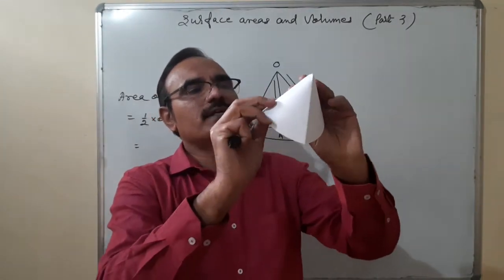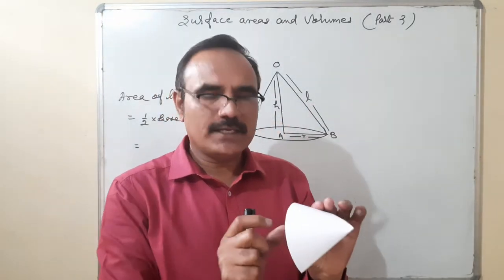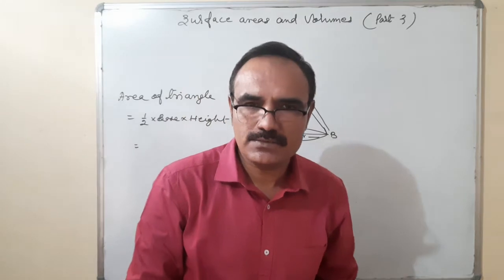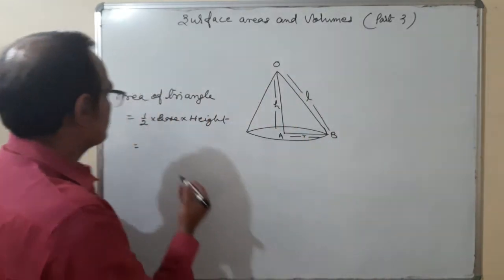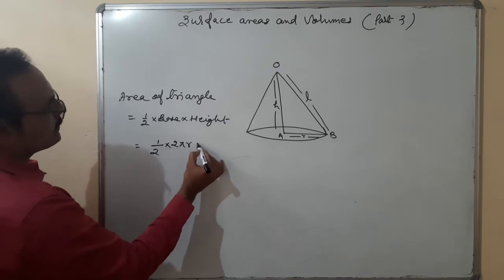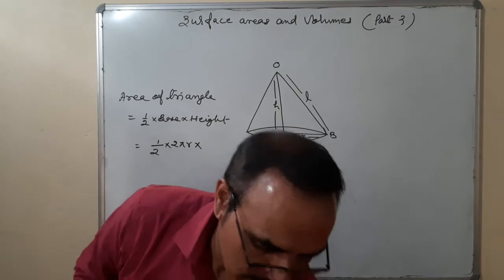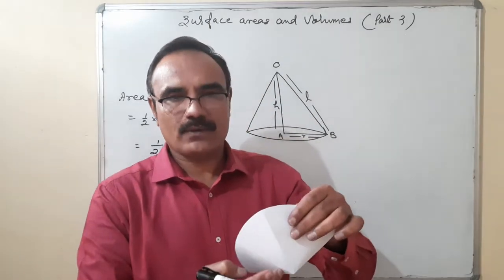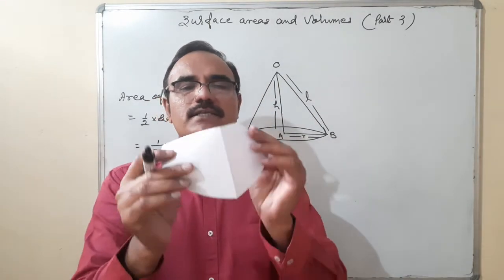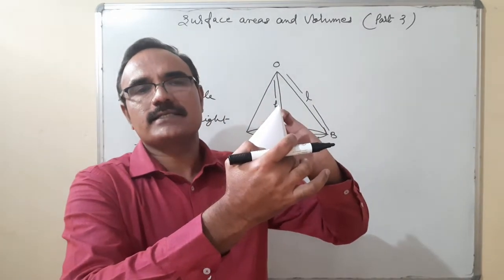When I fold it, this base becomes the circumference of a circle. If the radius of this circle is r, then the circumference of the circle is 2 pi r. So I'll write here 1 upon 2 multiplied by 2 pi r into height. You can see that this height is converted into this height, which is treated as the slant height.